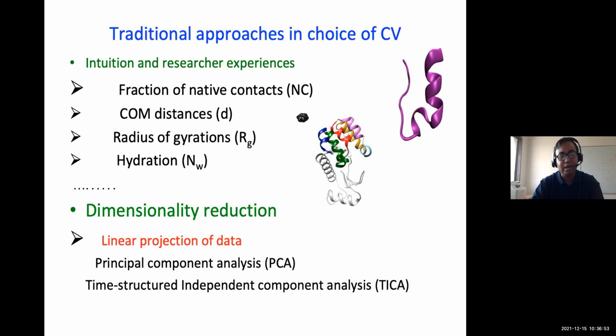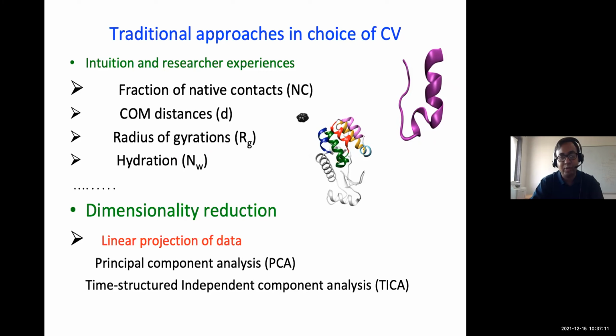Now the way we are generally trained to think about collective variables, for several decades, is that we rely on our chemical intuition or researcher experience, and as you saw in many of the interactions that we had in our chats today, we have to really think about a certain collective variable for the process which comes to your mind.